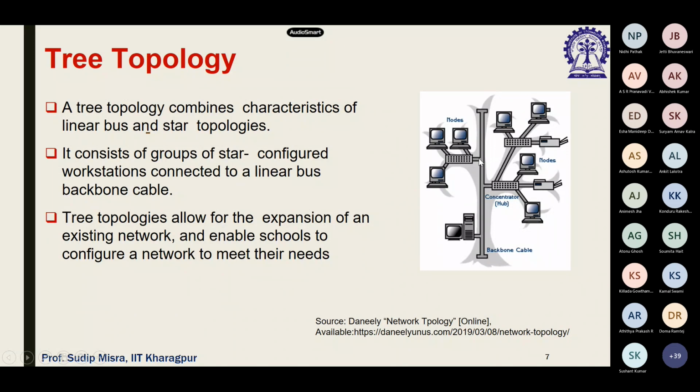And coming away from it is not a single computer, but a star configuration of computers, right? So this is the tree topology. It's a combination of the bus and the star topologies. And these act like the hub that I told you about at the time of the star topology. Okay. So tree topology allows for the expansion of an existing network and enables schools to configure a network to meet their needs.